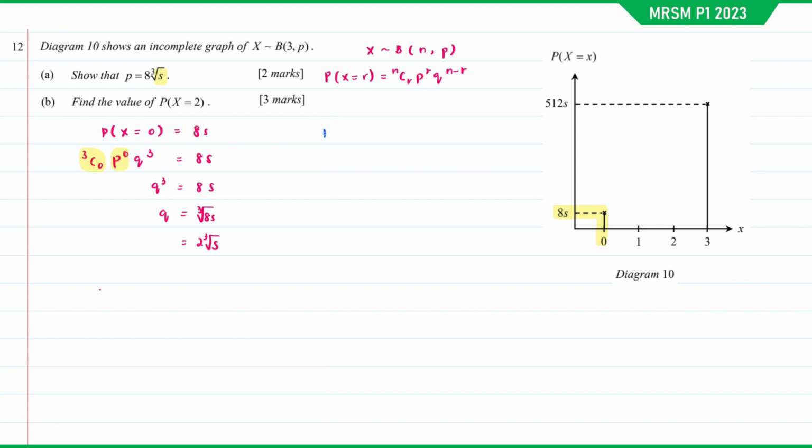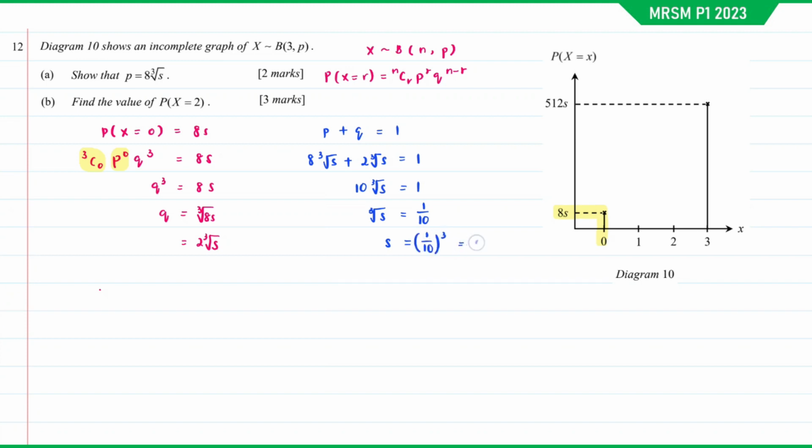We know that other information is when we add p and q, the answer is equal to 1. So 8 times the cube root of s plus 2 times the cube root of s is equal to 1. On the left hand side, when we sum up, we get 10 times the cube root of s, equal to 1. Then the cube root of s is equal to 1 over 10. s is equal to 1 over 10 to the power of 3.